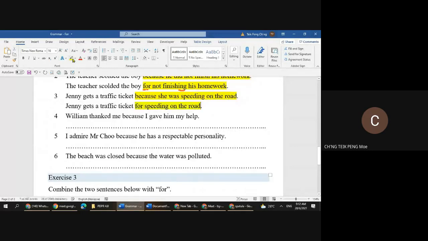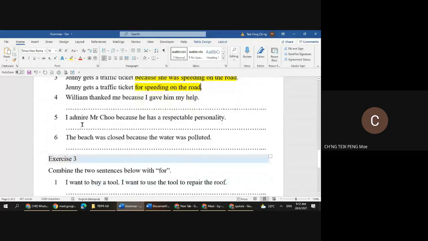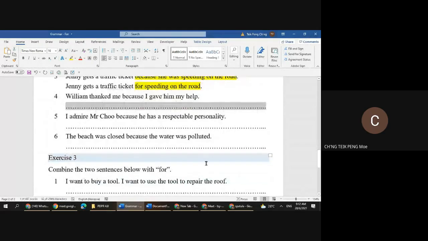Okay, next, number 4. William thanked me because I gave him my help. So because I gave him my help is the reason, sebab William thanked me. So this is how you should write. William thanked me for giving him my help. Sebab bagi dia pertolongan saya.